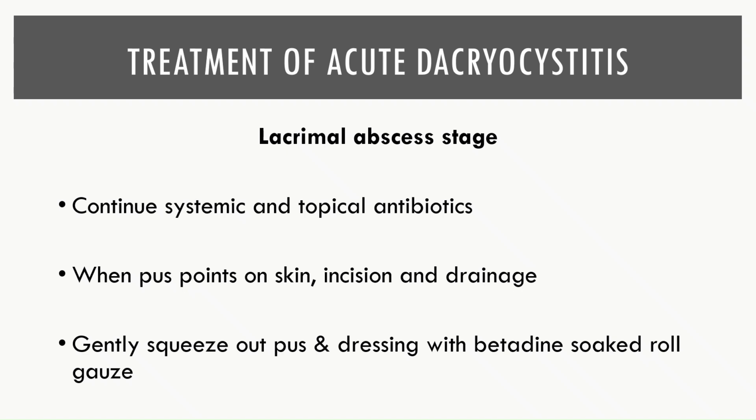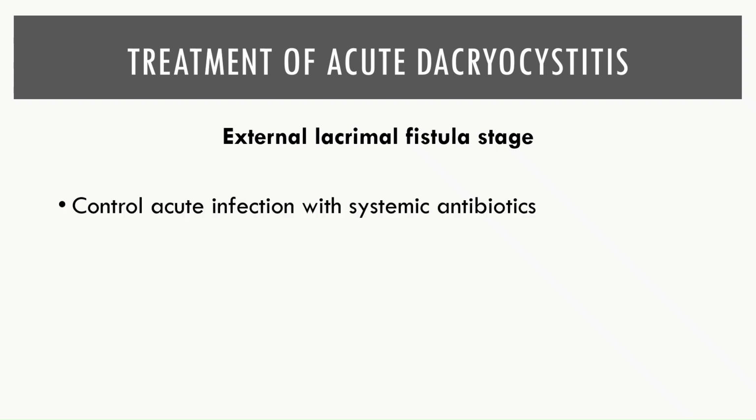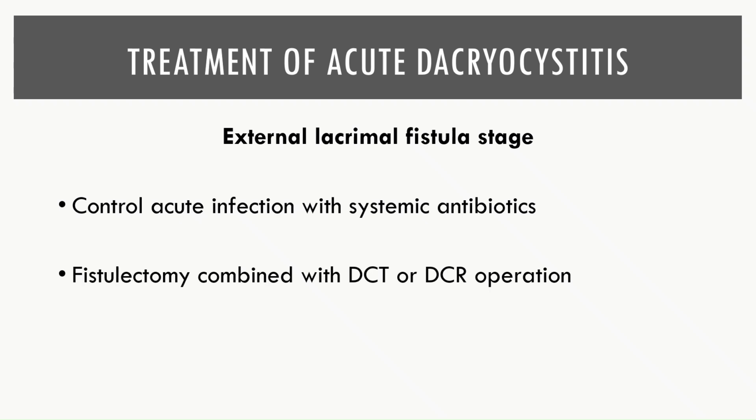Later, depending on the condition of the lacrimal sac, definitive surgery such as DCT or DCR should be performed to prevent recurrence. In cases of external lacrimal fistula, after controlling the acute infection with systemic antibiotics, fistulectomy is done along with DCT or DCR operation.